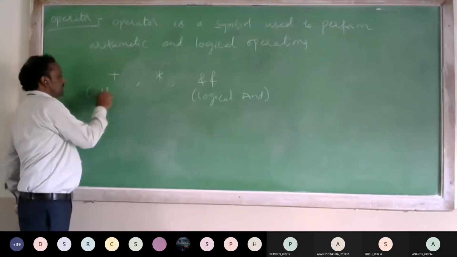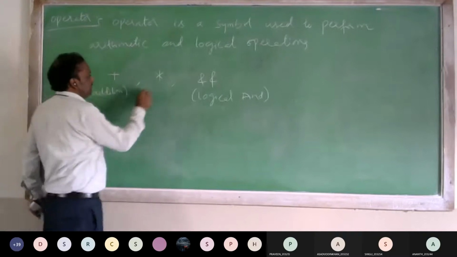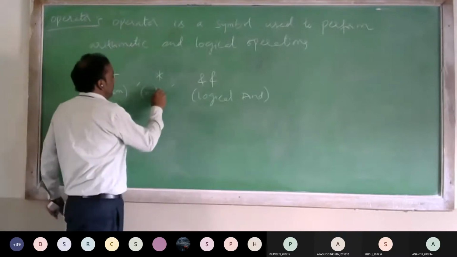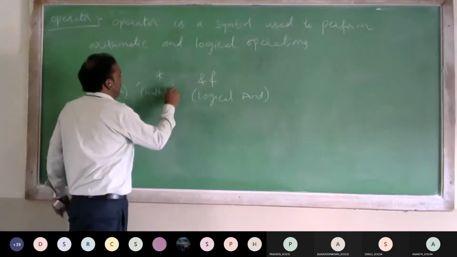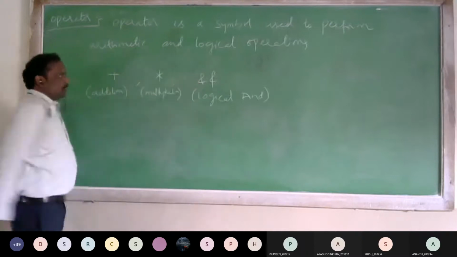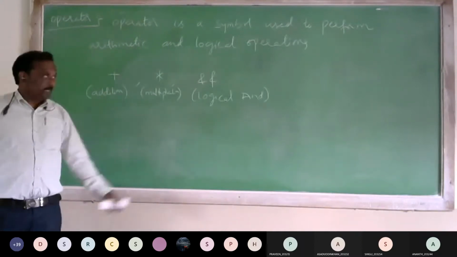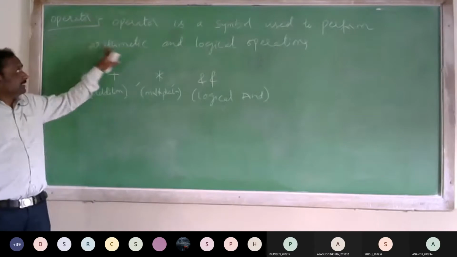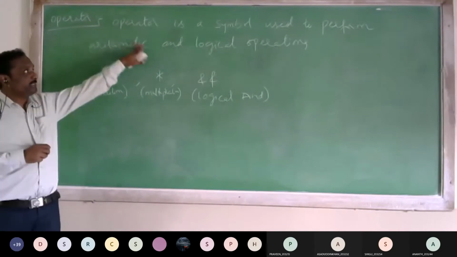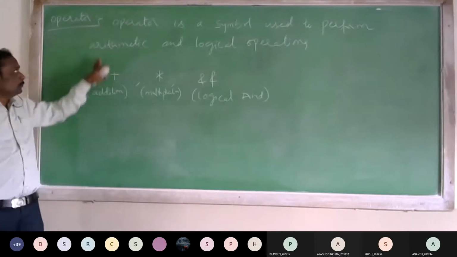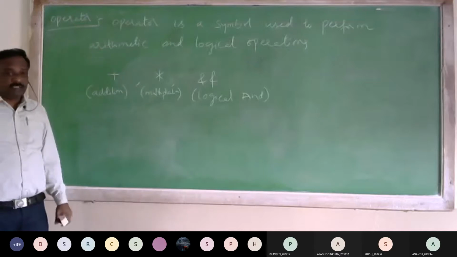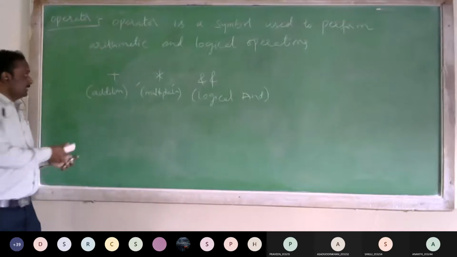This is addition, this is multiplication, and this is a logical operation. There are many operators, and we shall discuss the different operators in the types of operators. An operator is a symbol used to perform both arithmetic as well as logical operations.